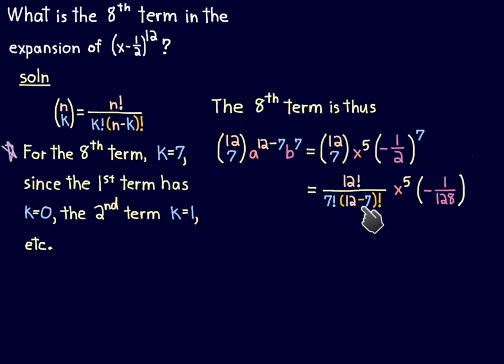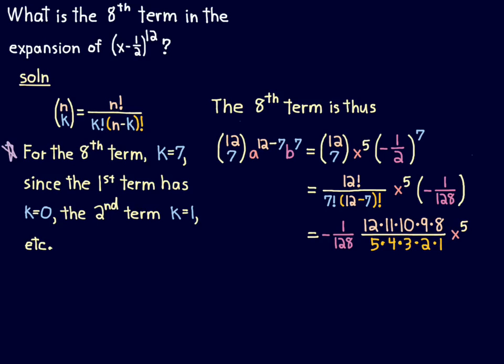And then don't forget you have this. This is negative because it's an odd power. And 2 to the 7th is 128. X to the 5th. So of course you want to combine this with these. So I just wrote them together, plus I expanded out that.